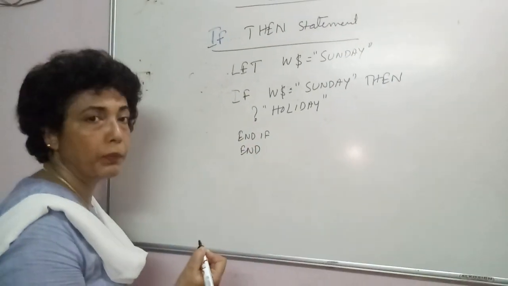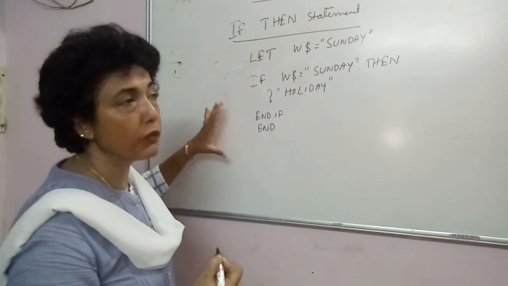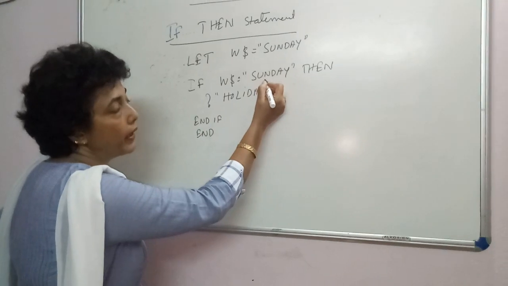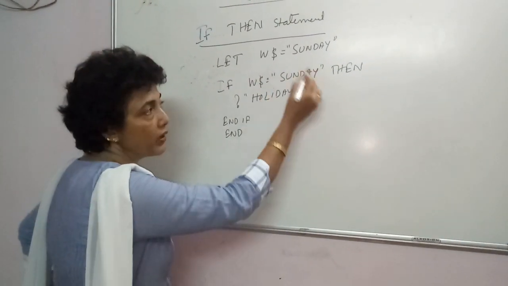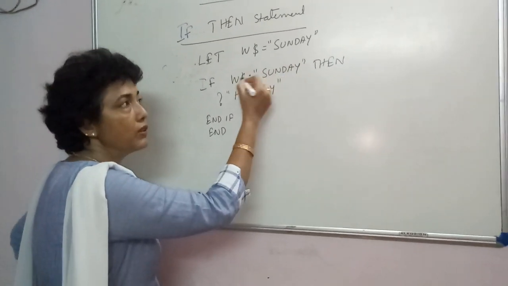Here this block of the program does not specify what will happen if I change the weekday name to some other name other than Sunday. Here in this particular example, $W is storing Sunday. So this condition is true.